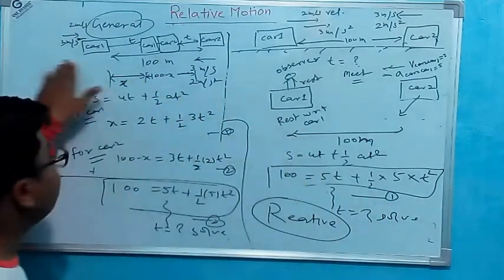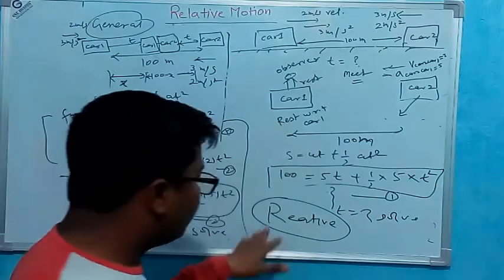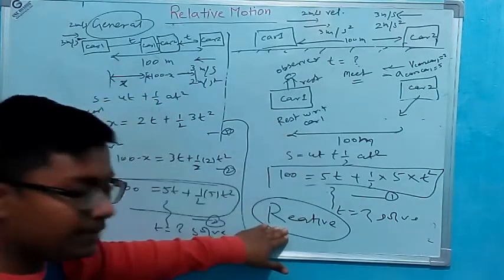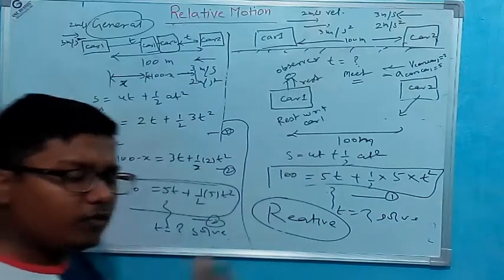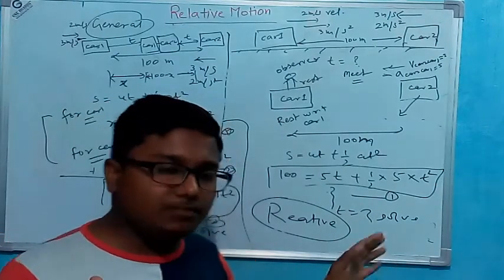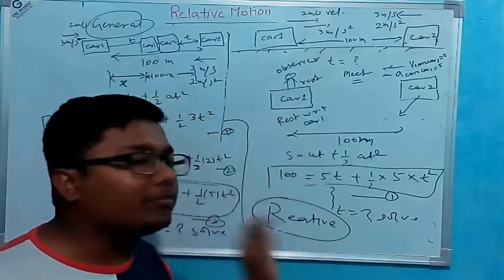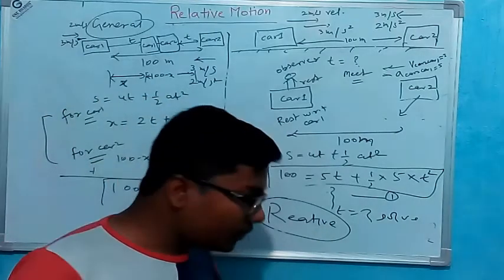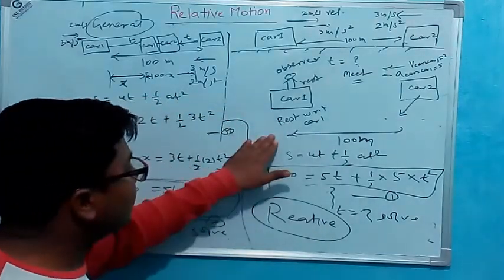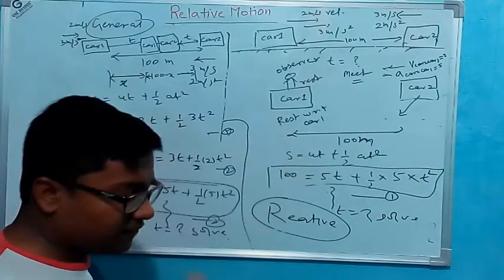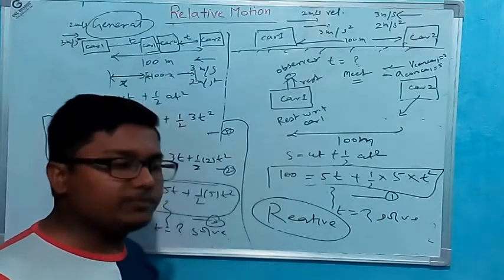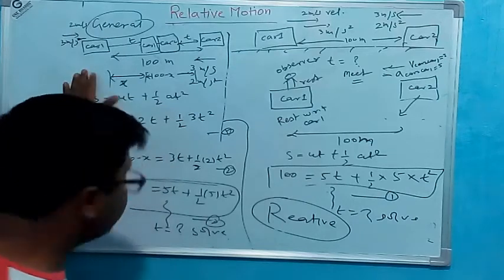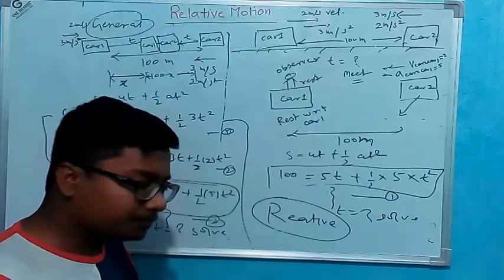From this we can easily say that by the relative method and by the general method, we can solve this problem, and both methods are correct.